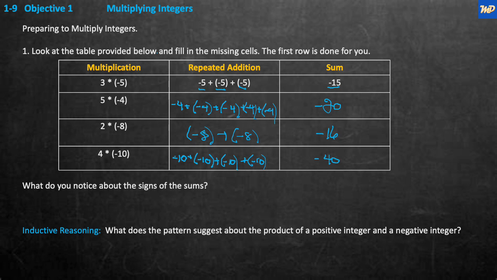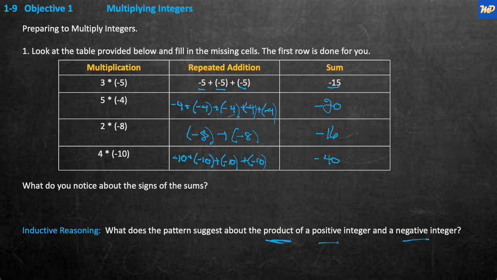If you multiply a positive integer times a negative integer, that's what this is. 4 is positive, negative 10 is negative. So what does that imply? It implies that you're always going to have a negative.